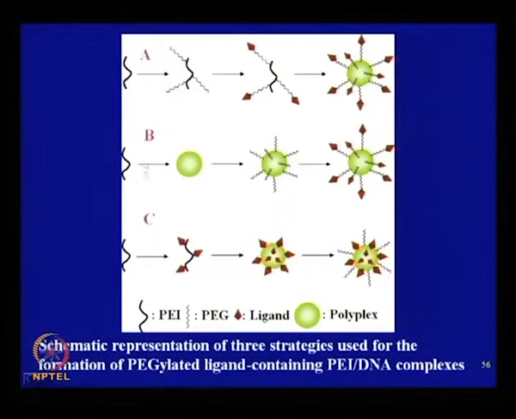So, this is polyethylene glycol to which other polymers or drugs are attached. You see this polyethylene imine, polyethylene glycol is a ligand, polyplex. So, polyplex is a device for drug targeting and delivery.